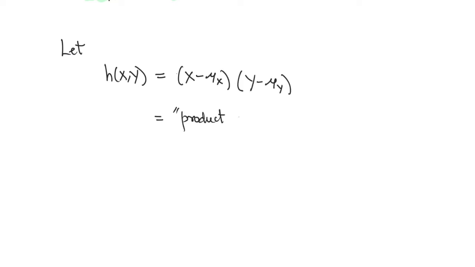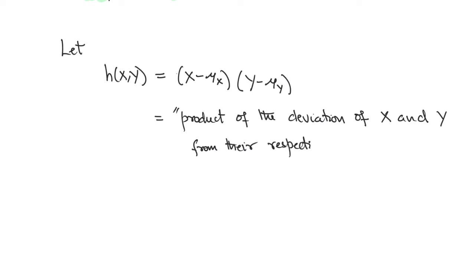In this setting, we can define the function h x comma y as x minus mu x times y minus mu y. This is the product of the deviation of the random variables x and y from their respective expected values.